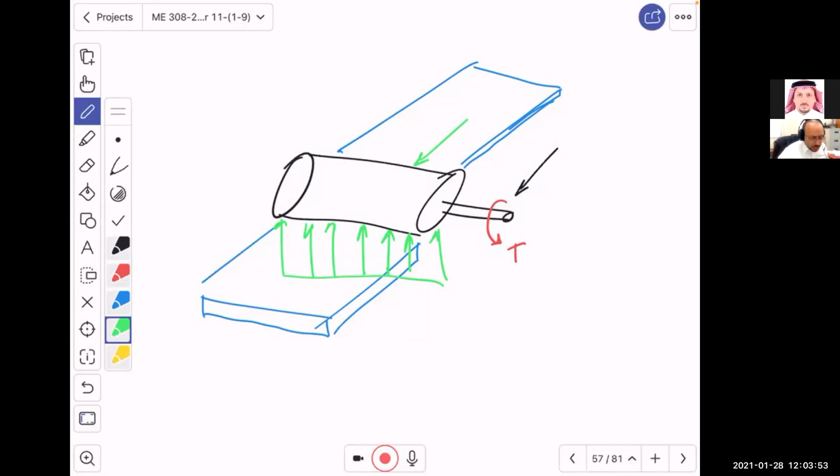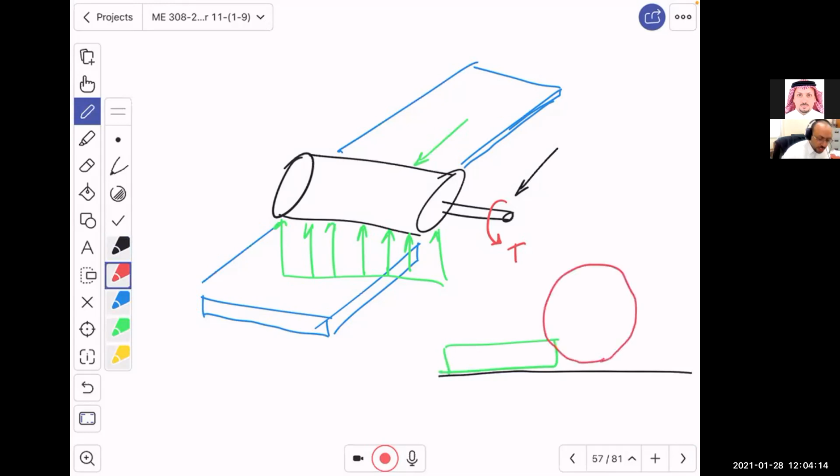Well, very simple. Assume that you are manually trying to squeeze the material. If the material is here and this is the surface, and let's assume the roller is here, and now you want to squeeze the material to come right there.